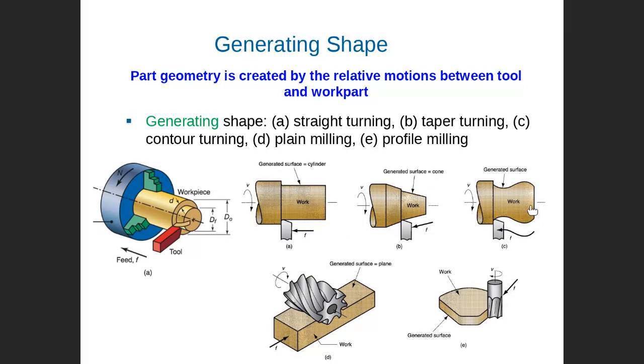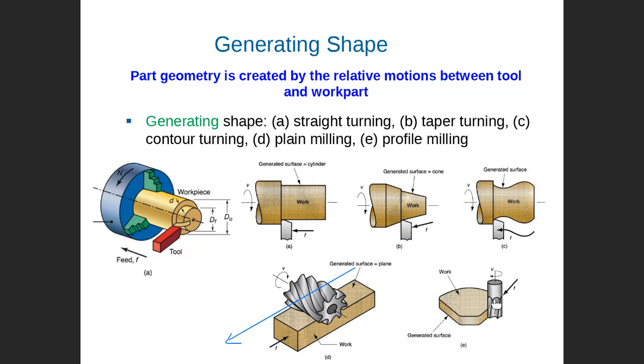So, generating shape. You can see the tool generating shape, moving from beginning to end. Here, the tool moves from beginning to end. Also here, the tool generating shape starts here and moves in this direction, cutting the material from beginning to end.